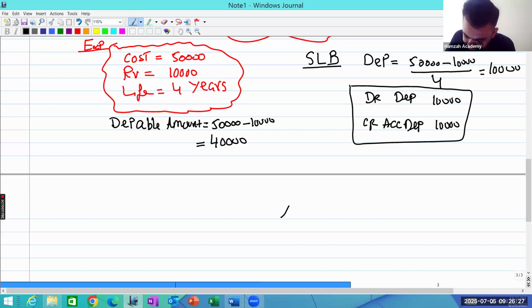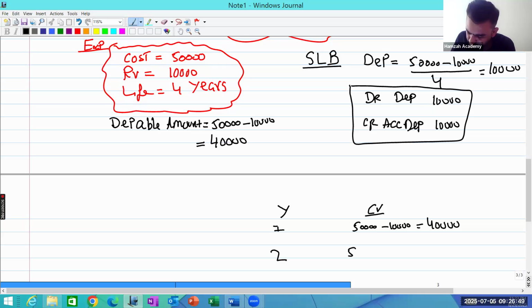So as a result, in year one, the carrying value will be cost minus accumulated depreciation: 40,000.